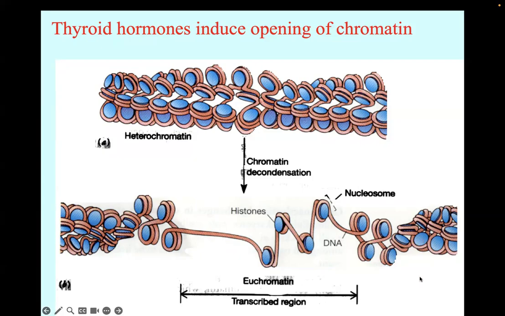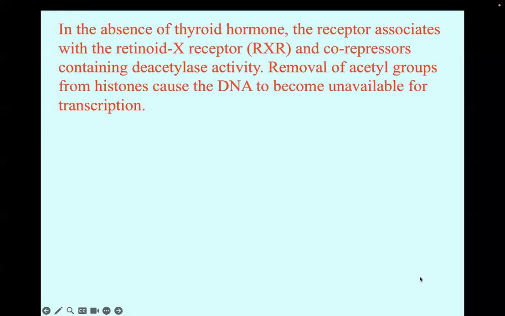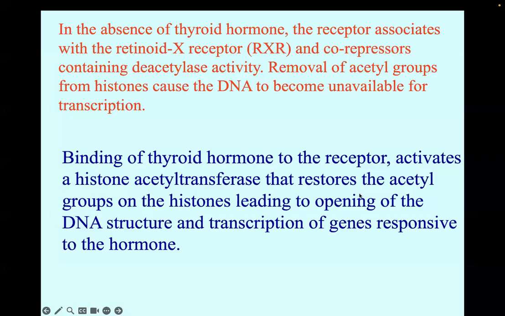And what happens now with thyroid hormone? Well, thyroid hormone has a histone acetyltransferase that restores the acetyl groups on the histones. So when the acetyl groups are removed, it becomes condensed, not transcriptionally active. When you restore the acetyl groups, you change the charge.